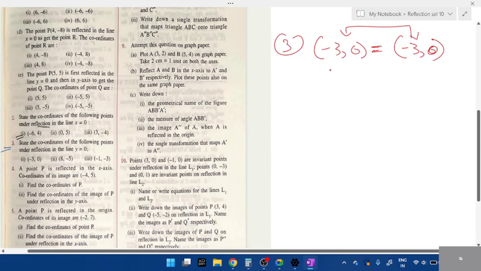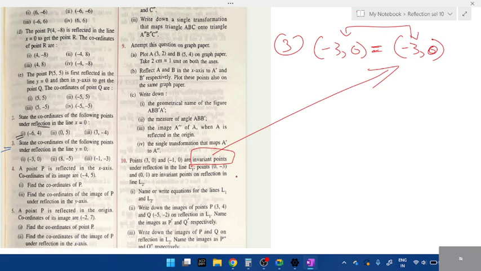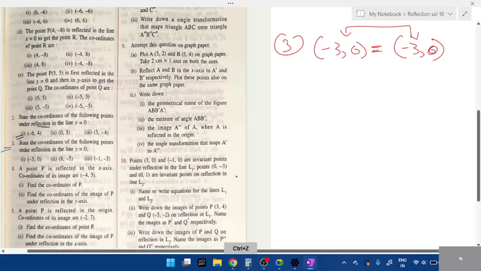Just refer to your textbook, here it is, invariant points. Basically, an invariant point is, just remember, imagine you're holding a mirror, that is an invariant point. You're not standing in front or behind, you're just holding the mirror so the reflection will be 0.